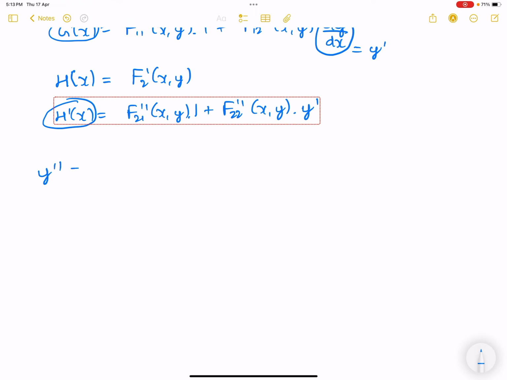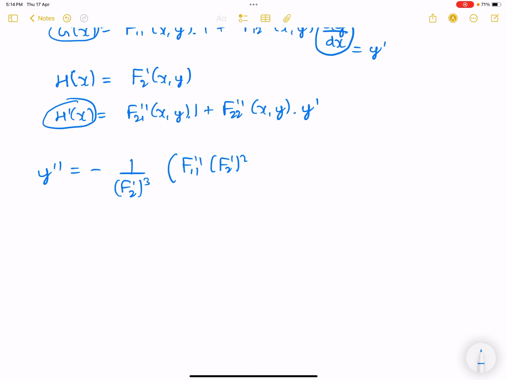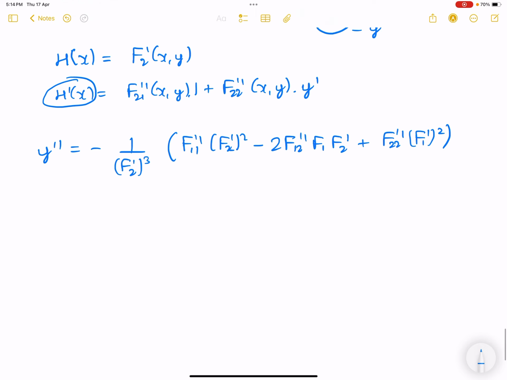It is coming out to be minus, f2 dash cube. Yeah, I don't expect you to remember this, but they might ask a question from this.